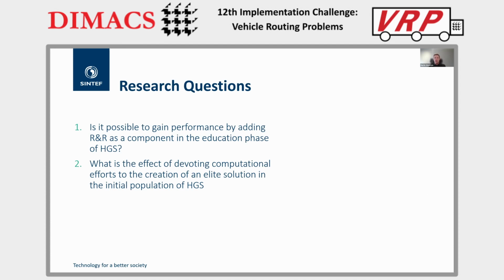Remember that HGS is evolving a population of solutions. What if we instead spend some time trying to quickly find a single good solution? This is done in an intensified search we have called elite education. And the hope is that it will speed up the convergence and hopefully improve the primal integral.